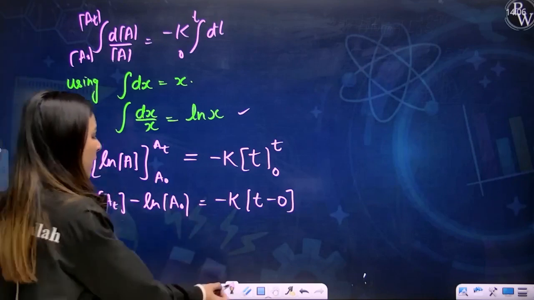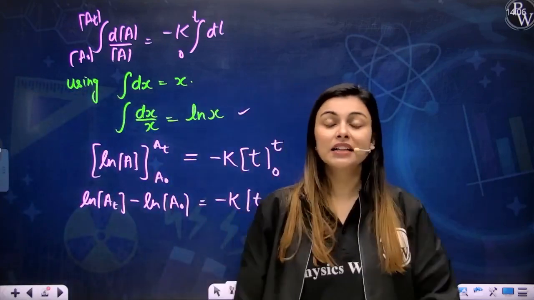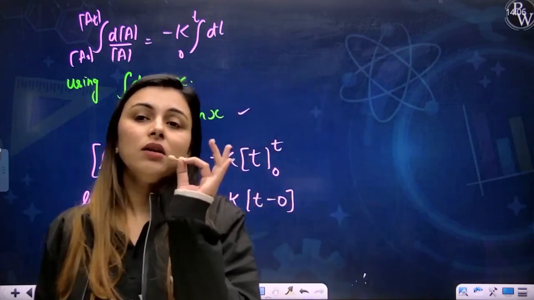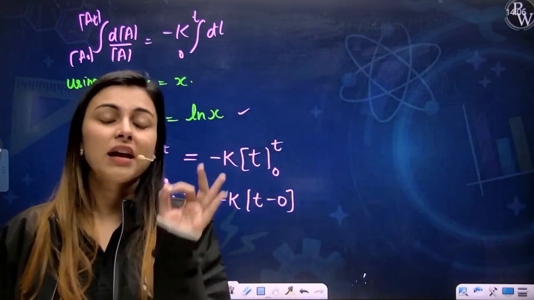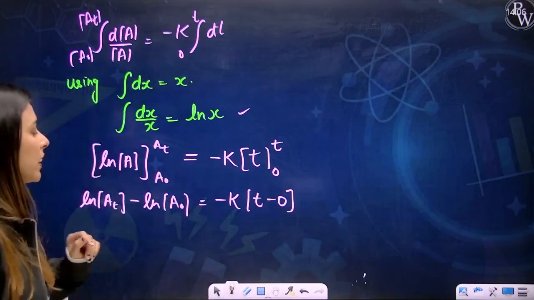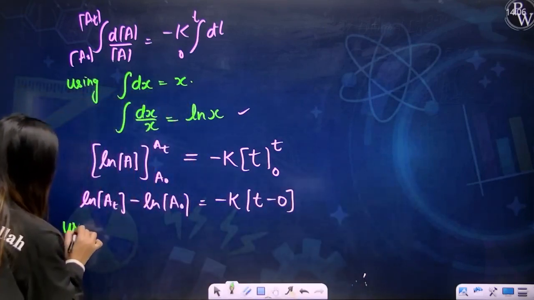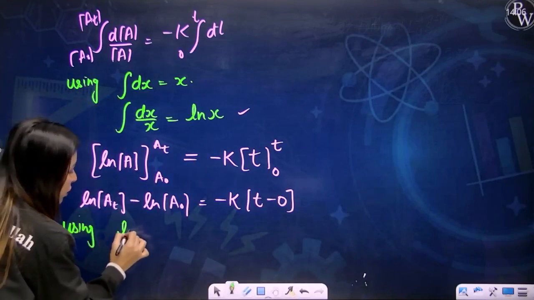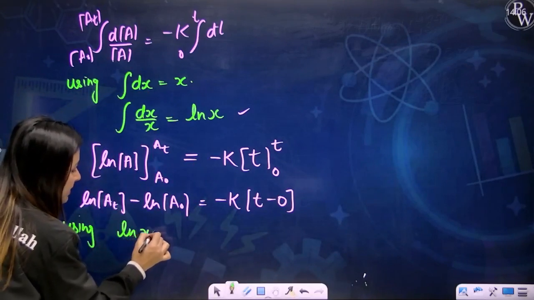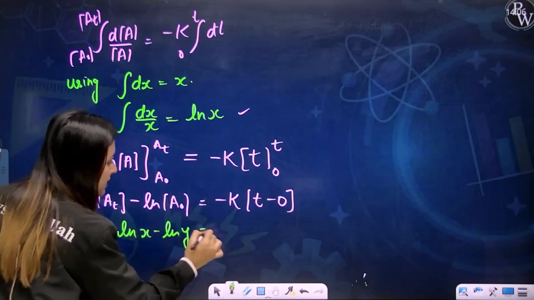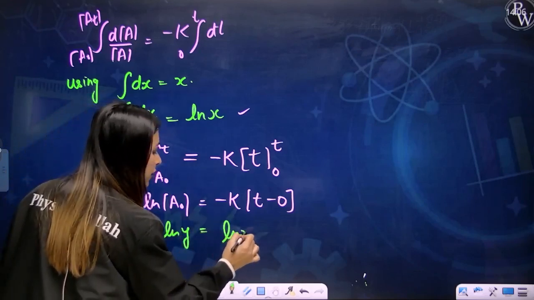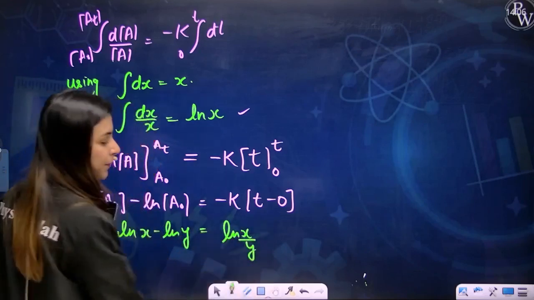Now, my dear students, we'll be using one more log expression, and I'll tell you what that expression is. Whenever you have ln of x minus ln of y, this is actually equal to ln of x upon y.